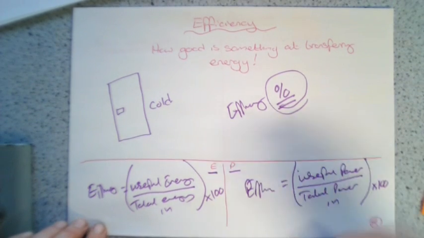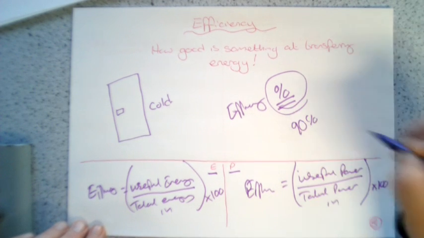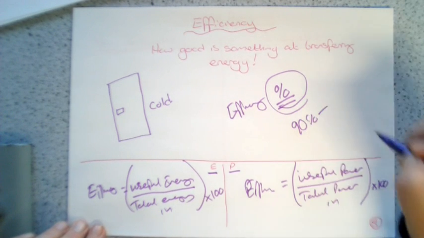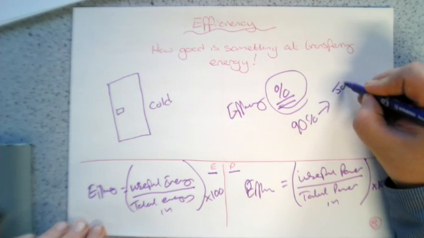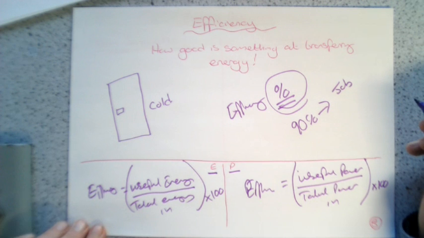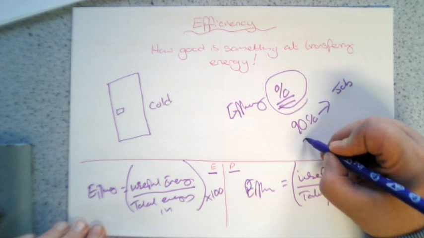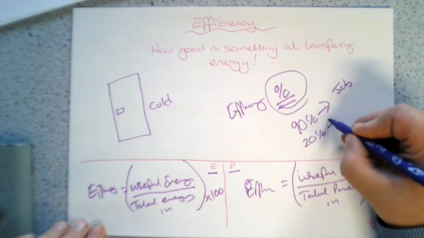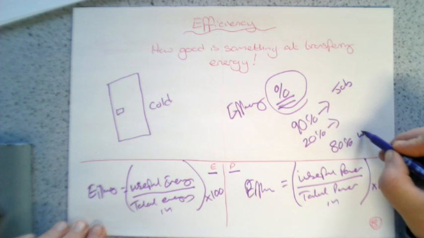Now, just remember, the higher the efficiency, so if it's 90% efficient, okay, most of the energy is being transferred into the job the device is supposed to be doing. If it's got a lower percentage, let's say 20% efficient, that means 80% of the energy is wasted.